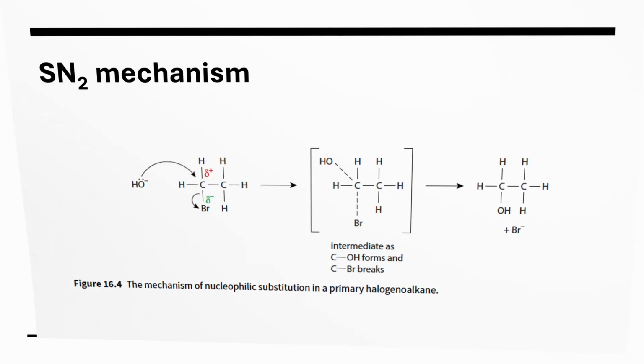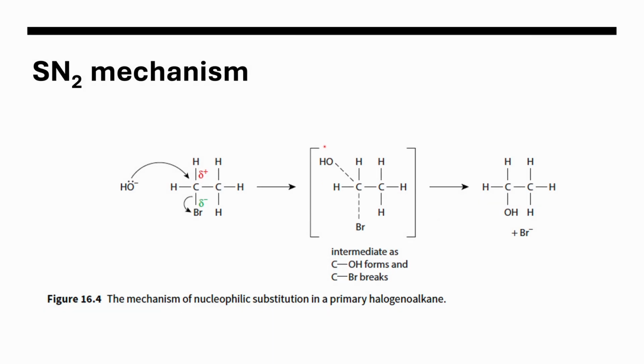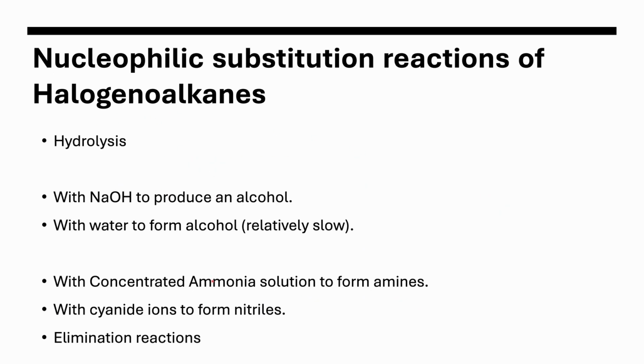This is another image of your SN2 mechanism that doesn't quite depict the hindrance point, but the same thing still applies. Hydrolysis reactions, or the production of alcohols from your halogenoalkanes, actually proceed fastest utilizing aqueous sodium hydroxide. This is going to give you hydroxide ions as your nucleophile.